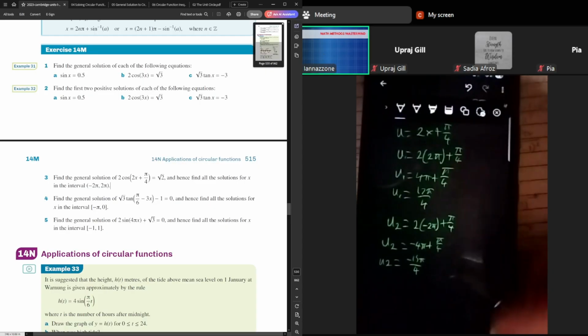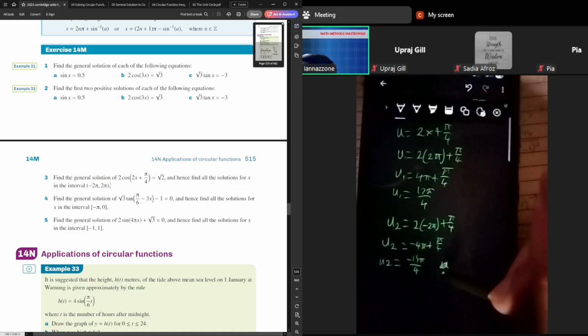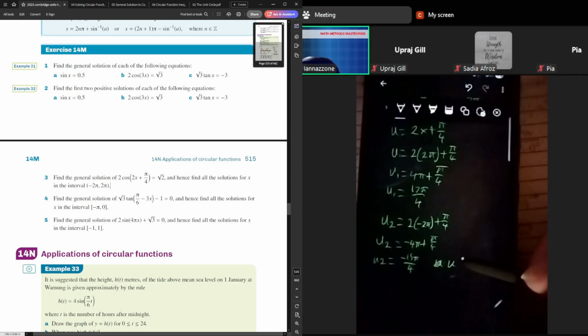Yeah, I think those are good. So for the second part, your u would be between negative 15 pi over 4 and 17 pi over 4.